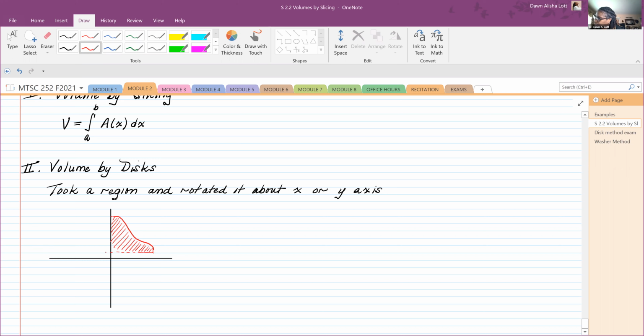And so this was C and this is D. Actually, I'm going to chop a little bit of this off.